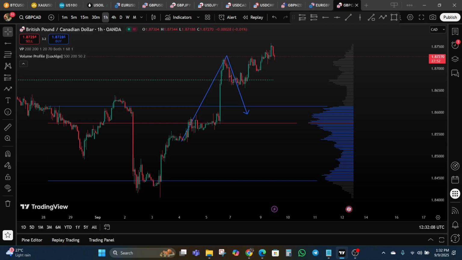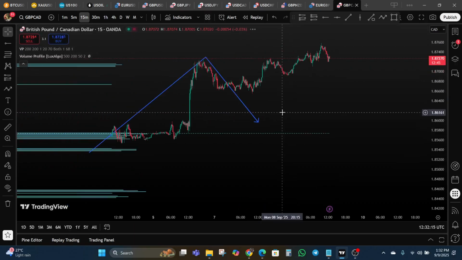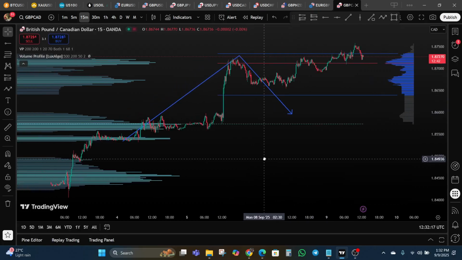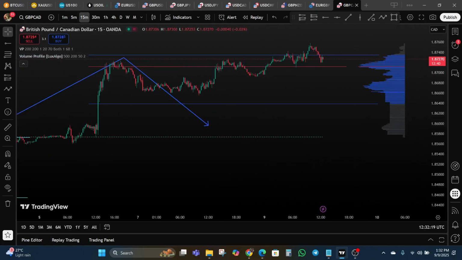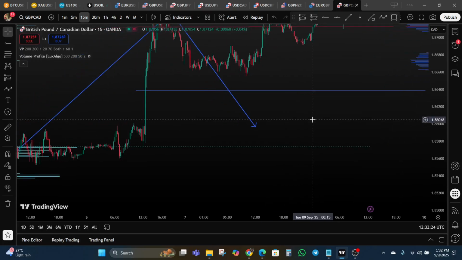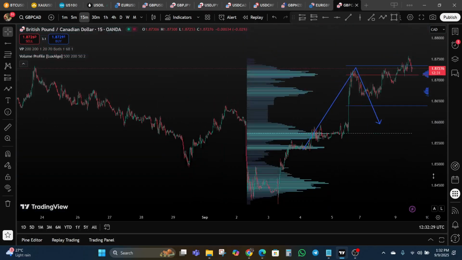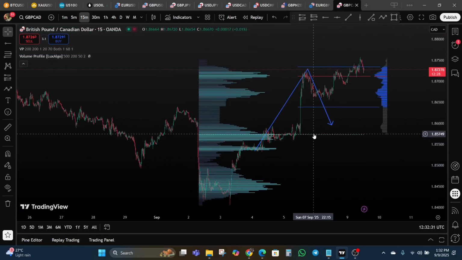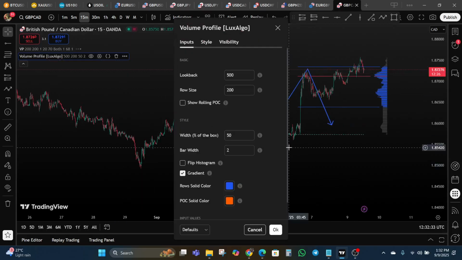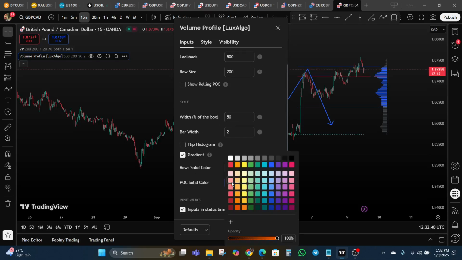You have to wait for price action confirmation, such as rejection wicks, engulfing candles, or any other reversal patterns near the POC. Combining this with volume spikes gives you confidence.